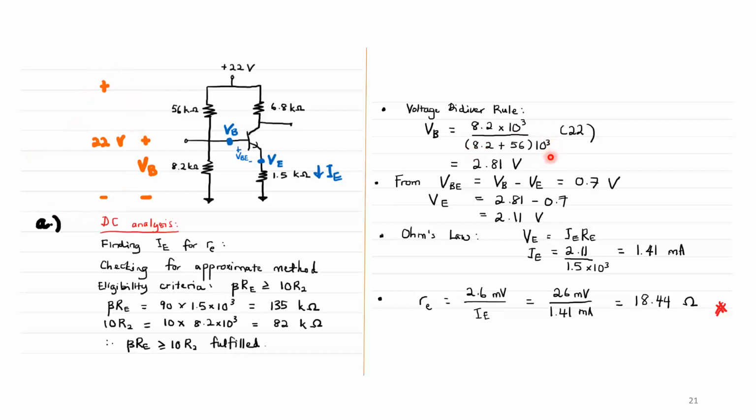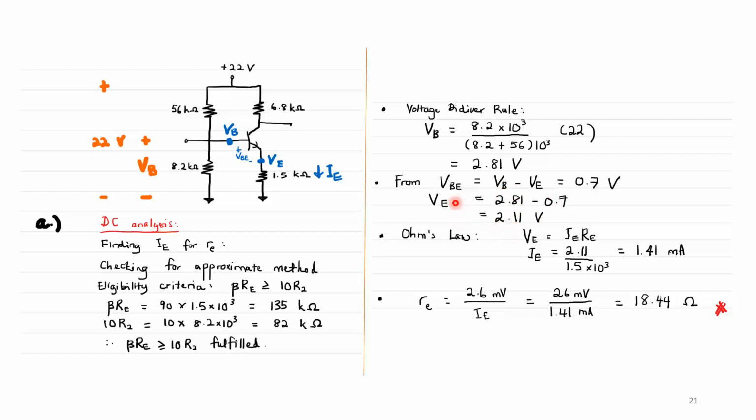So I get VB to be 2.81 volts. Now from there we know that VBE is 0.7 volts, right? So if VBE is 0.7 volts, that means VB minus VE equals 0.7, and I can rearrange VE to be VB minus 0.7, which is 2.81 minus 0.7, and I get VE equals 2.11 volts.